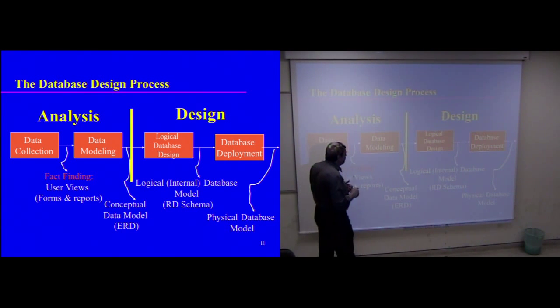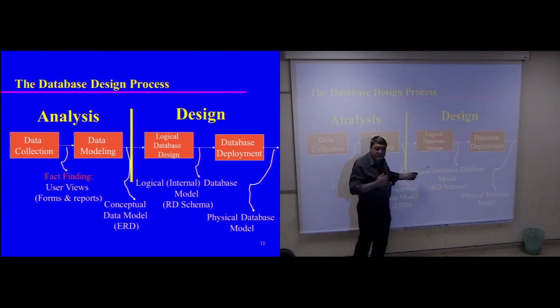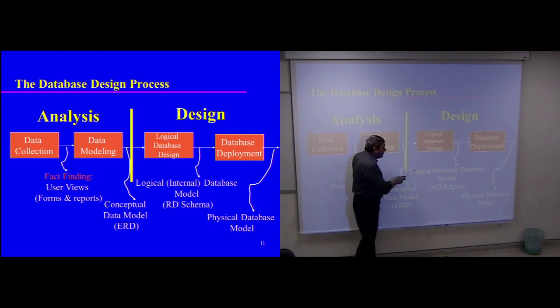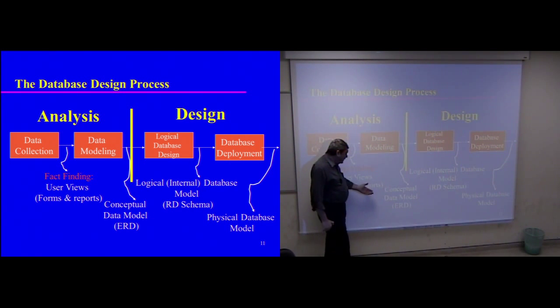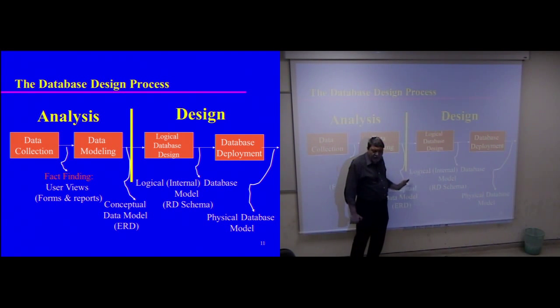So he is going to transform the conceptual data model, the ERD, and translate it into a set of tables. This is what we call the relational schema, the logical database, the logical model. Converting the conceptual data model into a logical data model is what we call design.